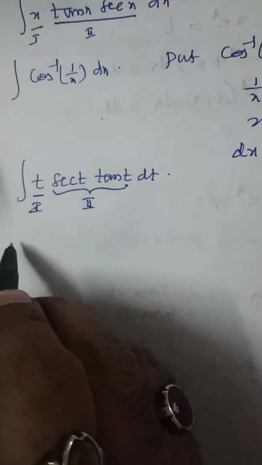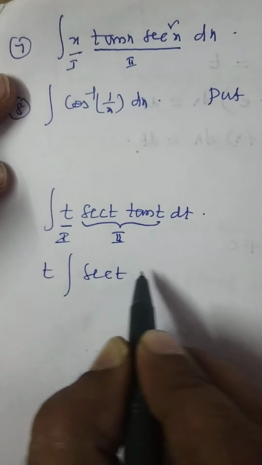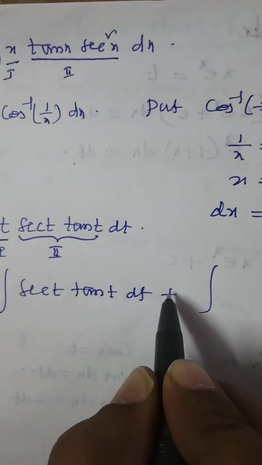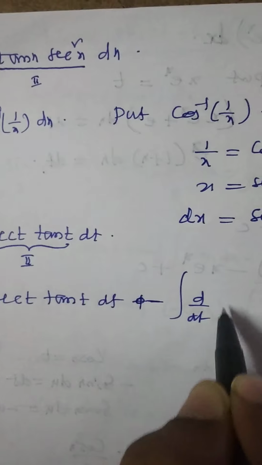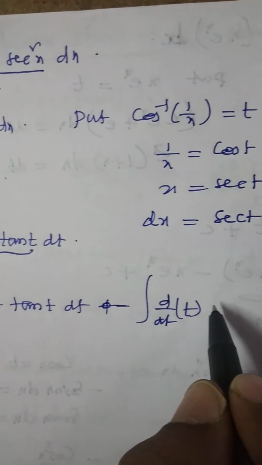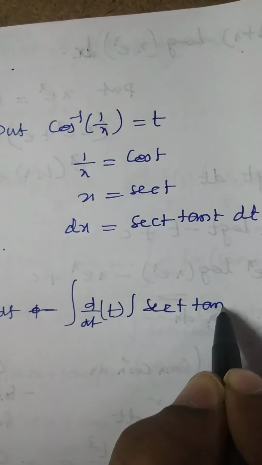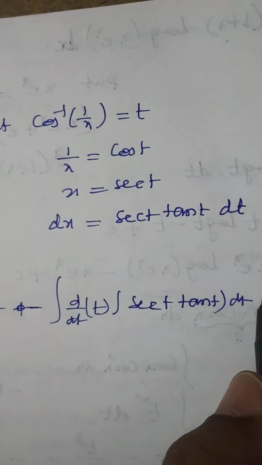Okay, directly we'll do here this time. So t into integration of secant t into tan t dt minus integration of d by dt of t into integration of secant t into tan t dt, whole dt.